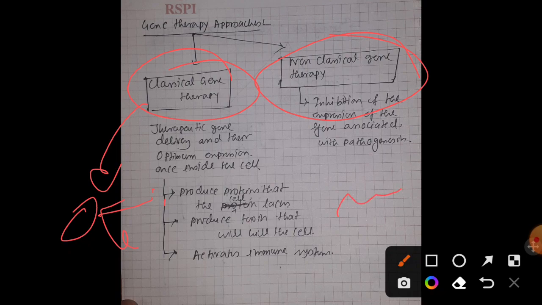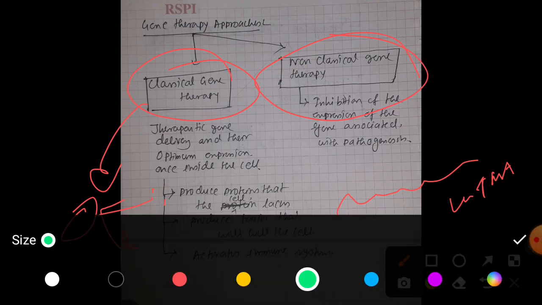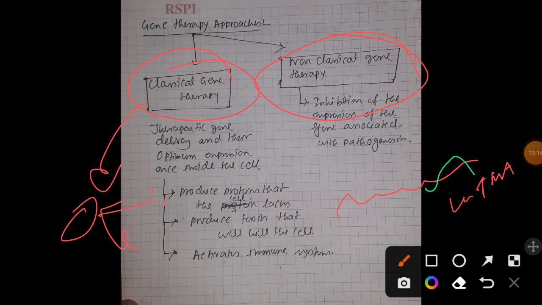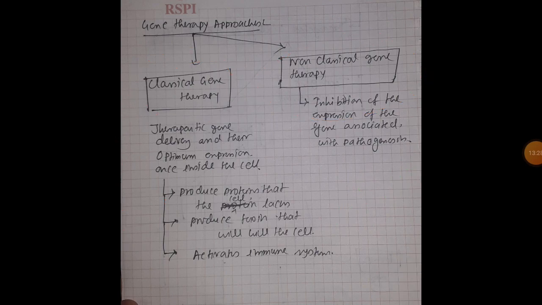For example, if it is an mRNA that is giving the protein that is creating some disease condition, then in non-classical gene therapy there will be an antisense mRNA that will inhibit the expression of that mRNA, and as a result protein synthesis will not occur. So that is the situation of non-classical gene therapy. Similar things we have seen in the case of transgenic tomatoes.